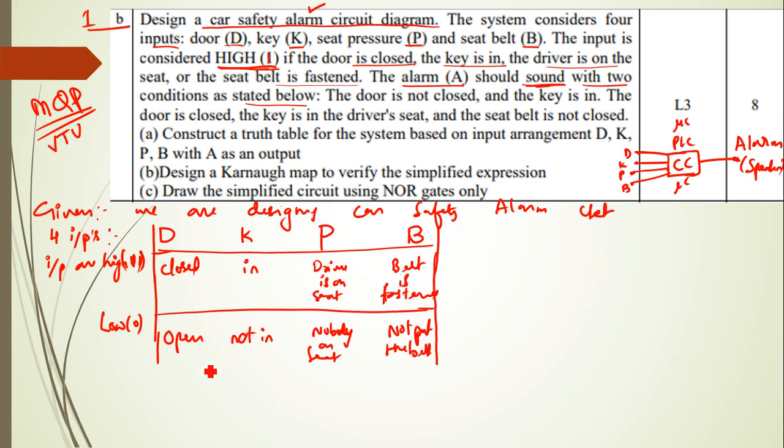So in this case, alarm is generated on two conditions. Okay, and which device is giving an alarm? The speaker is giving an alarm. Okay, let us see the two conditions. What are those two conditions?